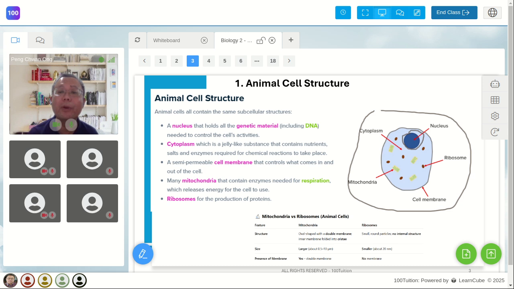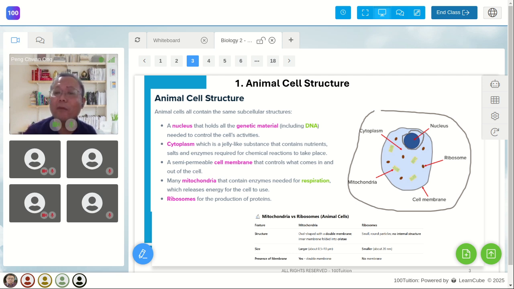It's like our brain, the human brain, that controls the cell activities. Usually the nucleus will be the biggest organelle. An organelle is simply a substructure of a cell.